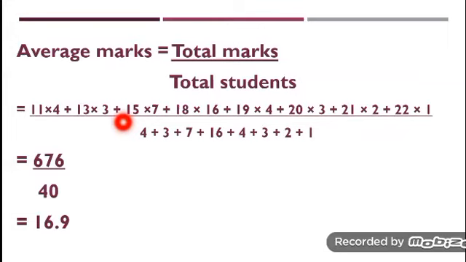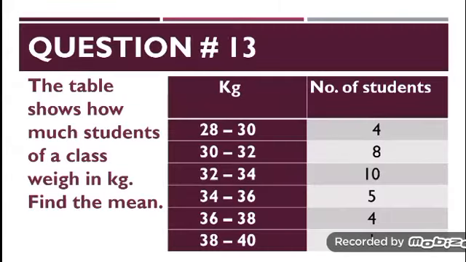The sum of these products is equal to 676 and total number of students is equal to 40. After dividing we get 16.9. So average marks of the students are 16.9.